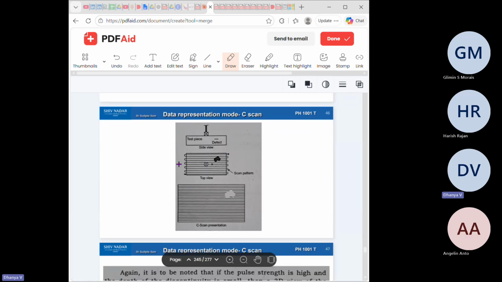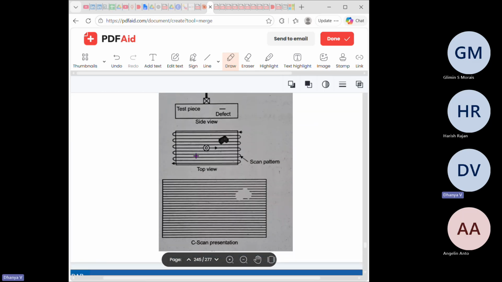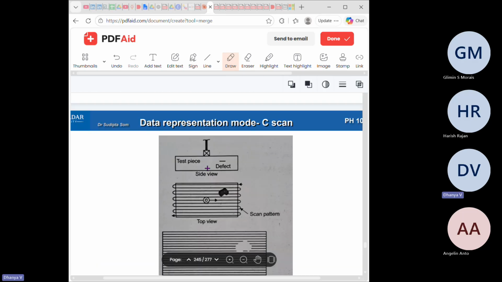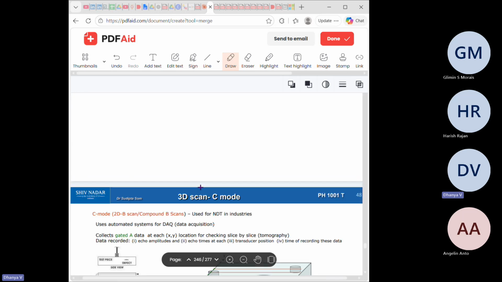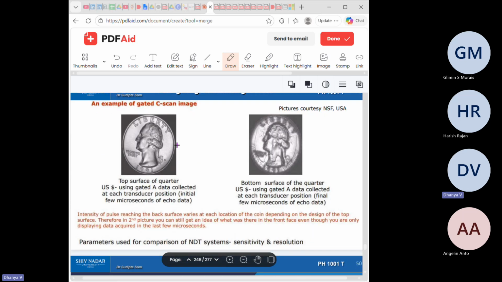Your C mode scan is essentially all of your medical kinds of scans. So you just draw an example from top mode, bottom mode, and then this one famous coin example. This is the top surface, and then this is your bottom surface.